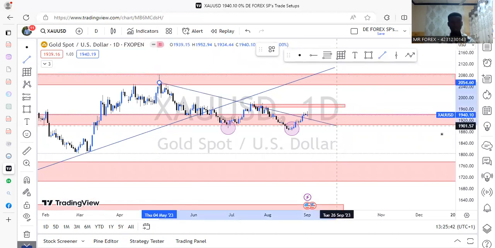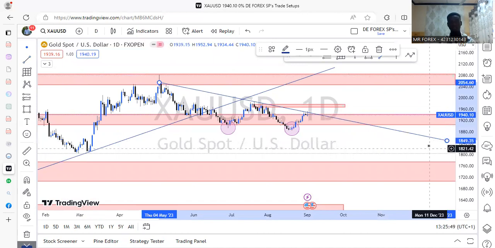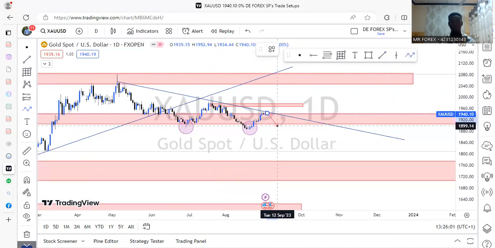The current trend is down. And price is currently standing on the trend line. And in a downtrend, what we expect is that we expect price to move down. We'll move down to this support level.